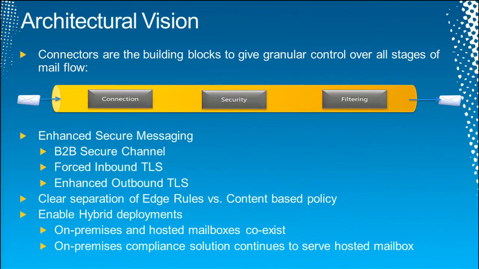One of the big reasons we created the FOPI connectors is to give a difference between content-based policies, or any of the FOPI policies that exist today, and edge block policies. The example is that if you have a policy that says all mail inbound should be encrypted from this host, you can create a FOPI policy like that.